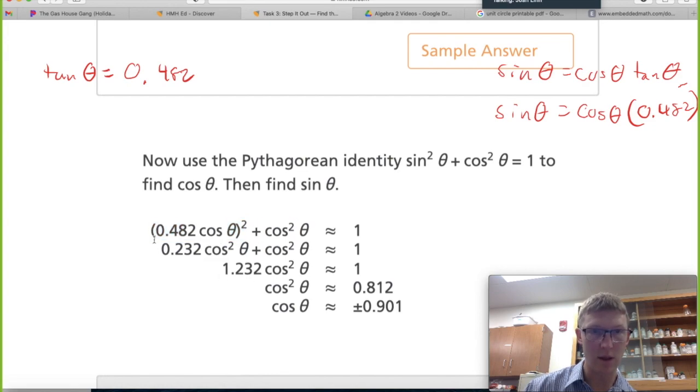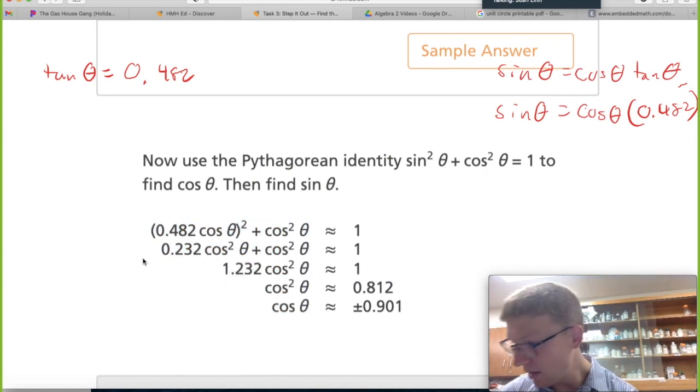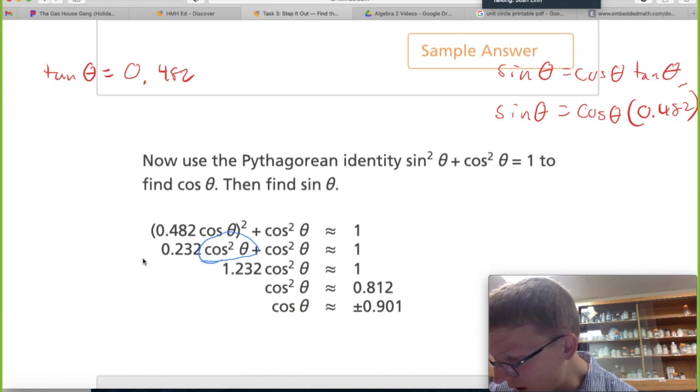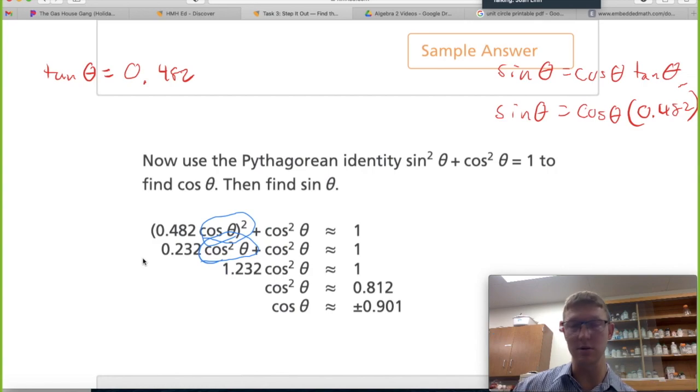So then we multiply that out. Again, this is just like a coefficient. When you square that, you've got this, and now we're just adding two things of the same variable. At this stage, this cosine squared theta, you can kind of treat as an x squared if you wanted to.